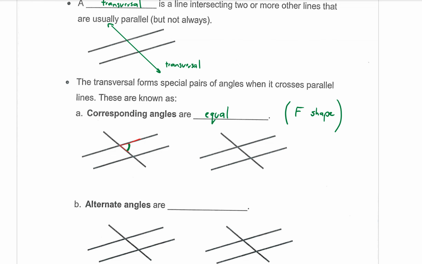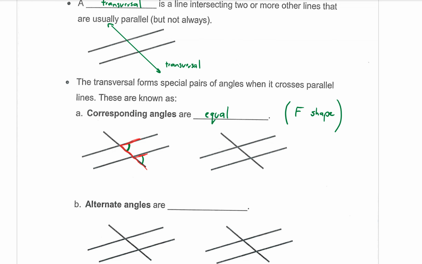That's the arms of that angle. If I want to make an F with that angle in it, I would extend the line down here, and there's the F. See the F shape? And the 2 angles that I'm looking at, the second one is that angle in there. It's the 2 little angles that are underneath the lines coming out from your F. Okay, so those angles are corresponding and they would be equal.